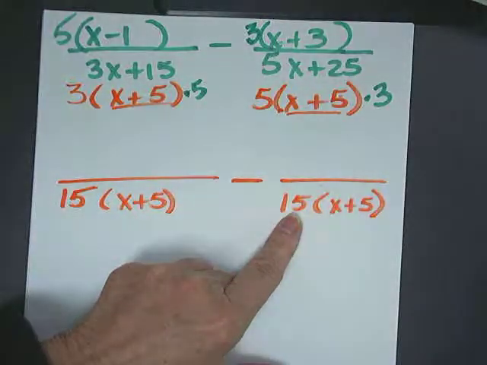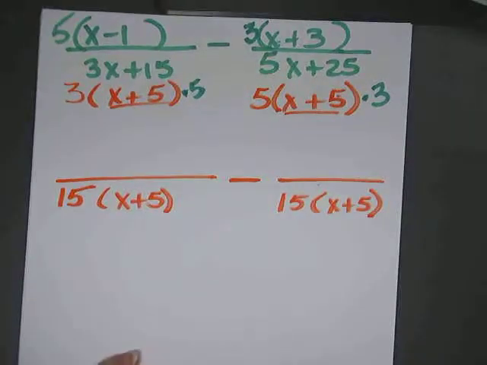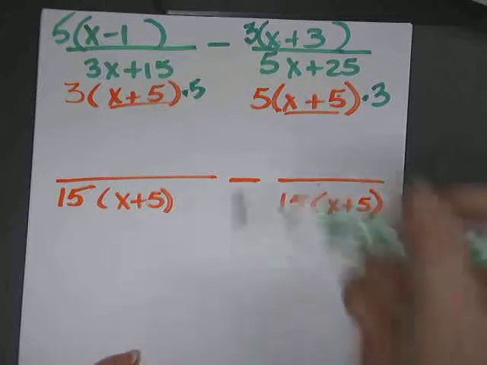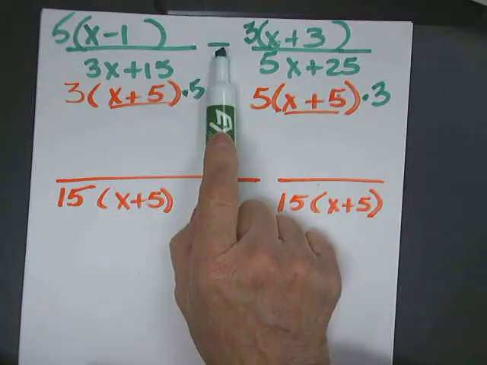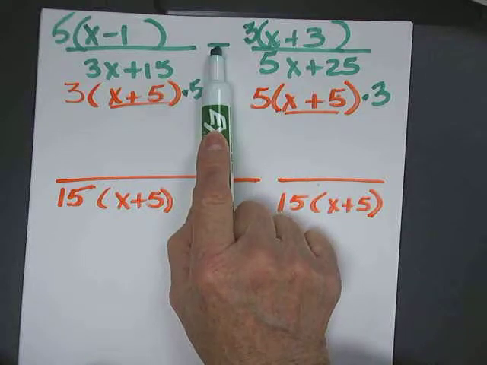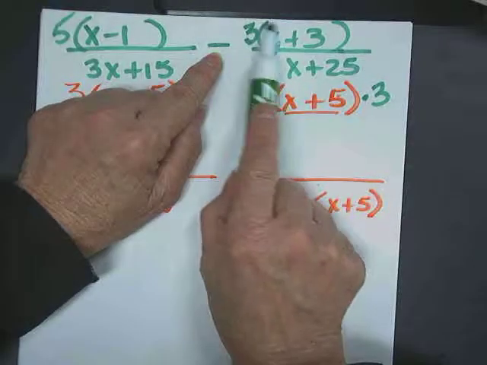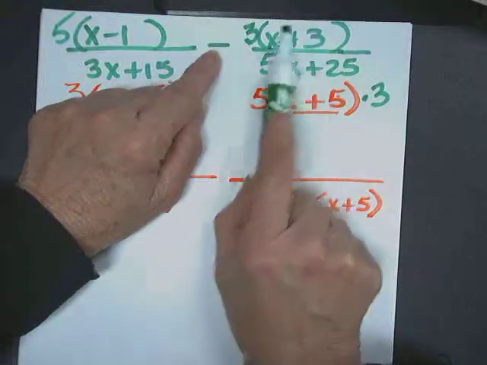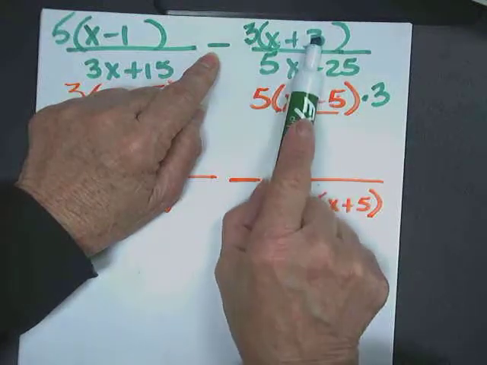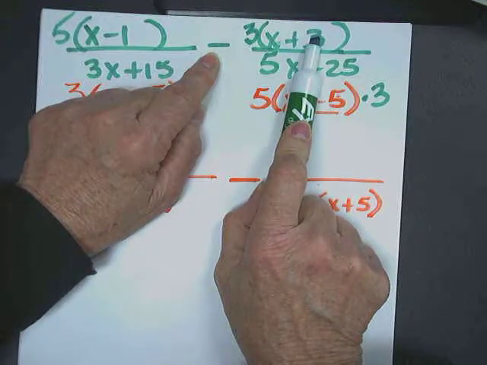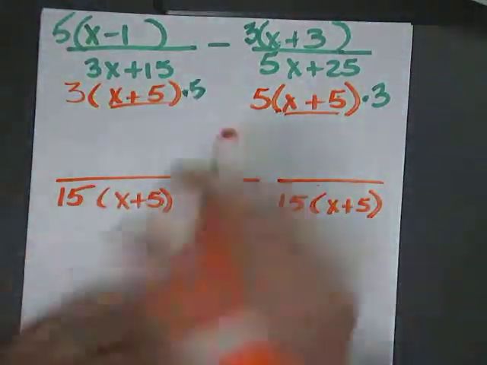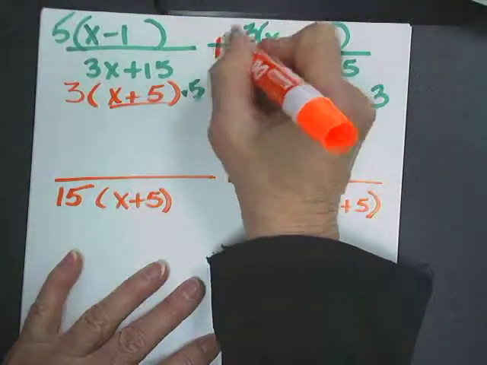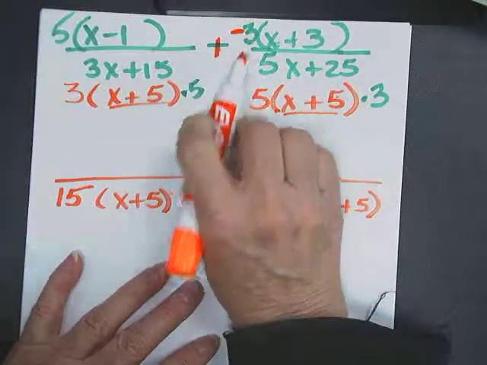Okay. To get our common denominator, what did we multiply this by? 5. Times 5? So we need to multiply the top times 5. Okay, I'm not going to write down here yet. What did we do over here? What did we multiply this by to get it? 3. Just the 3. The whole thing times 3, I'm putting it in the front.